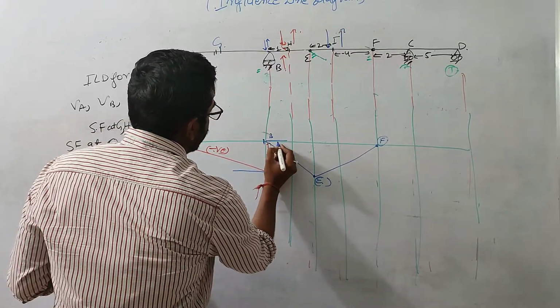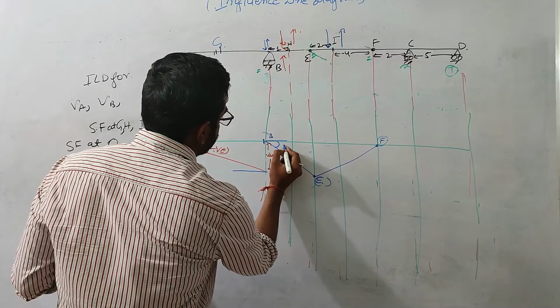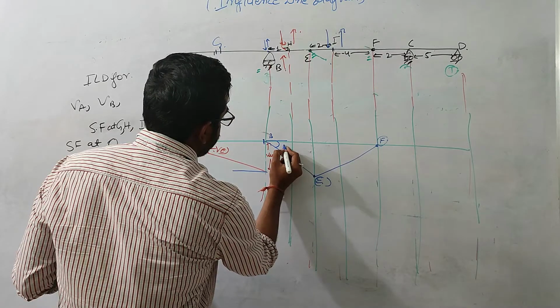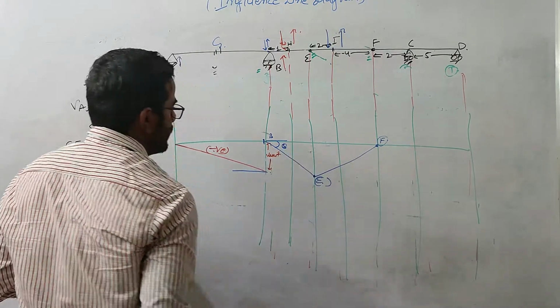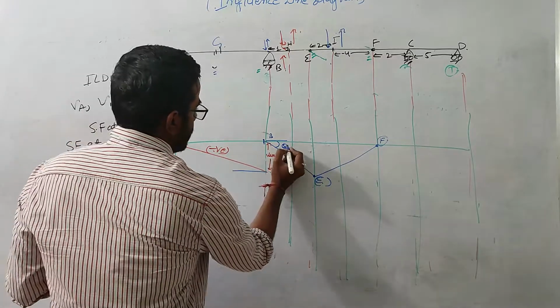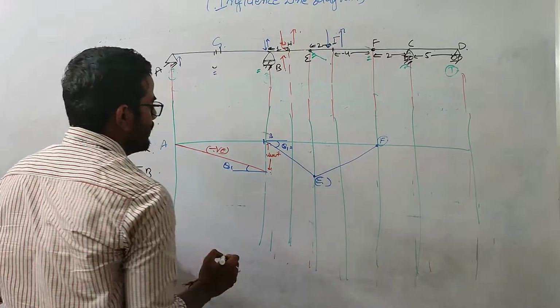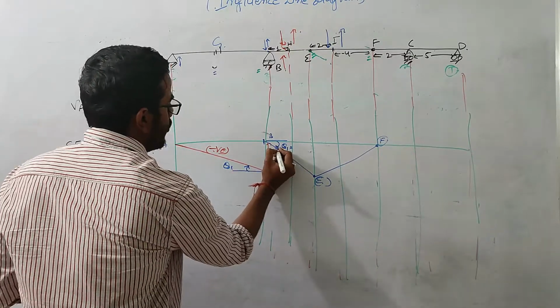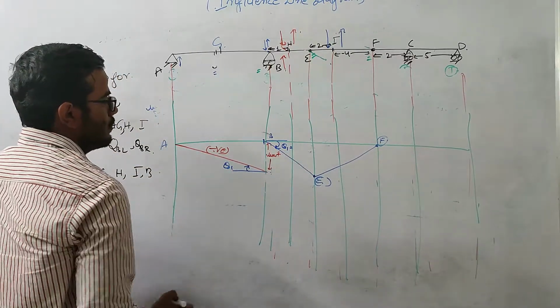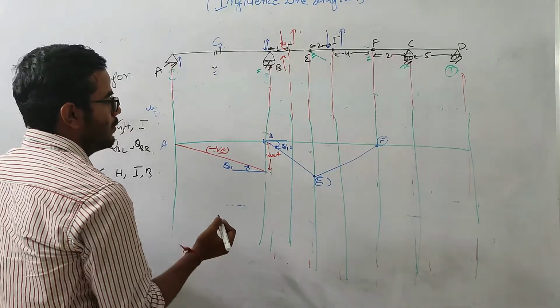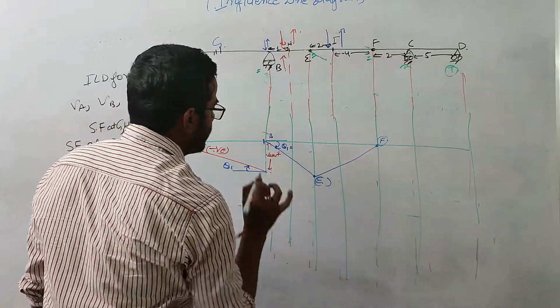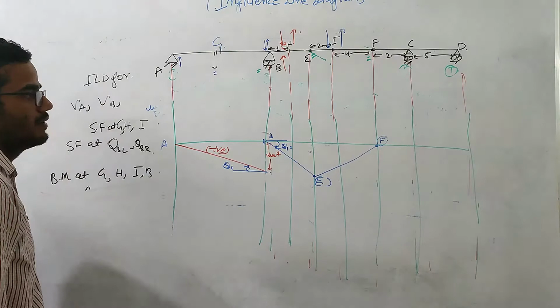If you calculate the slope over here, this is theta 1, and here also theta 1. And you can see that the direction of both the slopes is clockwise. So we are not releasing any moment over here. That's why this portion comes down like a straight line, right?